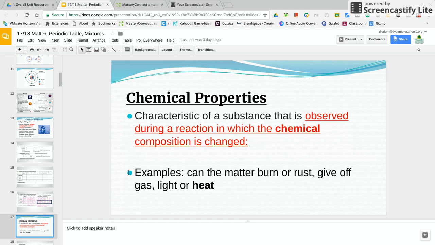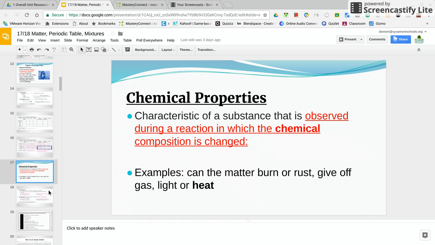But as it burns, it's going to be changing what it once was. Bonds are going to be breaking within that substance or even reforming, and I'm going to get a new substance that is created, like the smoke and the ash that'll be coming from whatever substance I'm burning. So I'm going to be changing what it was from its original state.